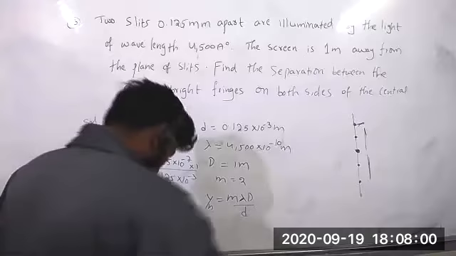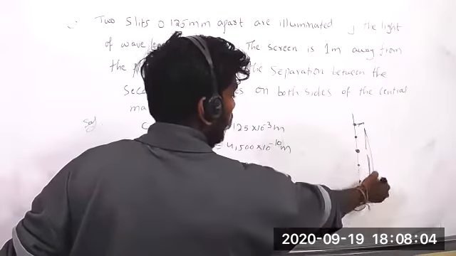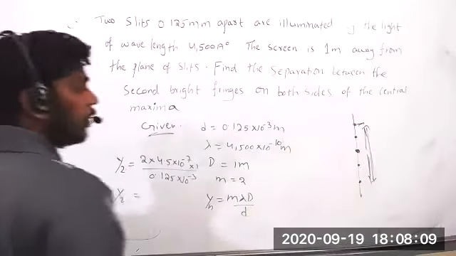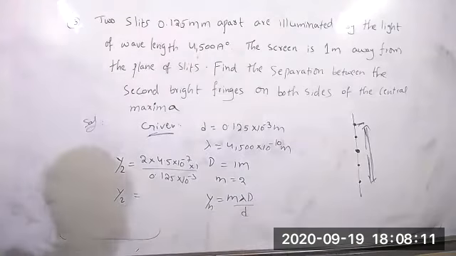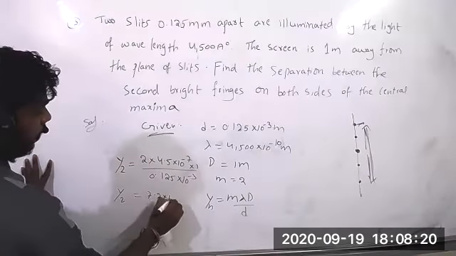So the same distance will be there on the other side. The separation between these two we have to calculate, so double of that. How much are we getting? Sir, I'm getting 7.2 into 10 to the power of minus 3.